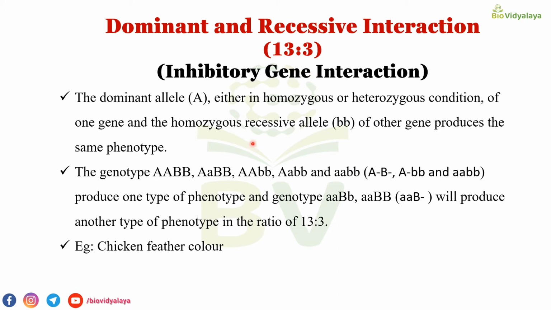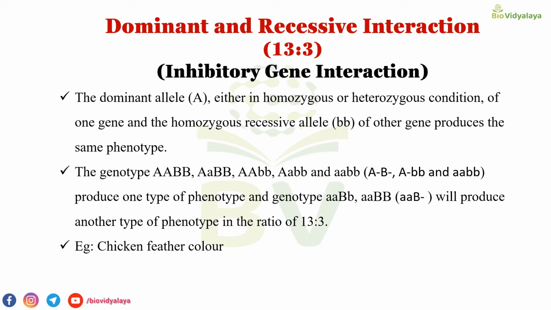So in the case of dominant and recessive interaction, the dominant allele either in homozygous or heterozygous condition of one gene and the homozygous recessive allele of other gene produces the same phenotype. That means the dominant form of one gene and the recessive form of the other gene will produce the same phenotype in dominant and recessive interaction.